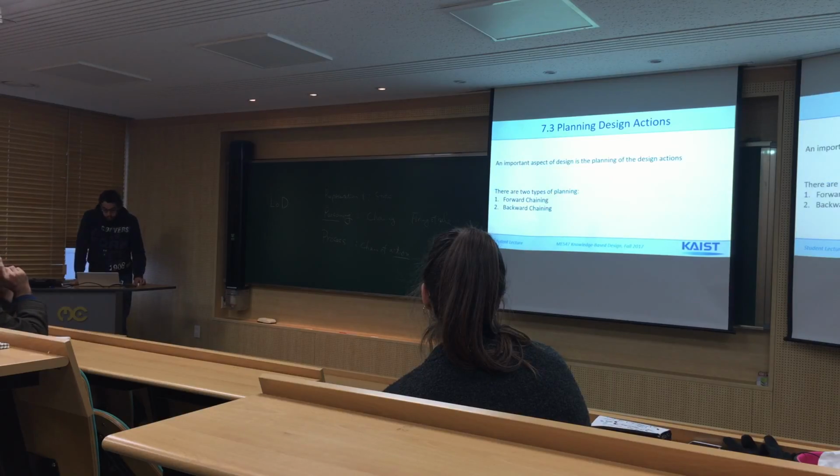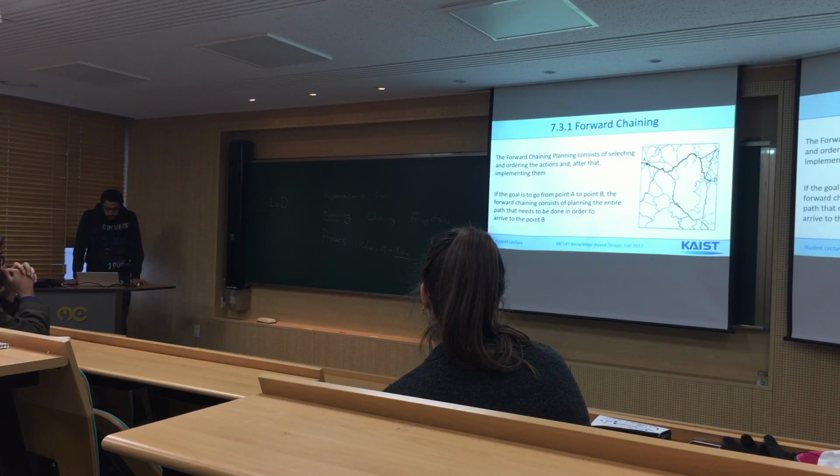When we talk about the planning of design actions, we have to know that there are two types of planning. The first one is forward chaining, and the second one is backward chaining. Forward chaining consists of selecting and ordering the actions that we have to implement.